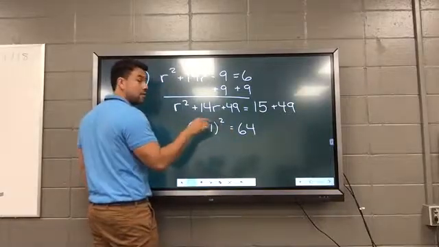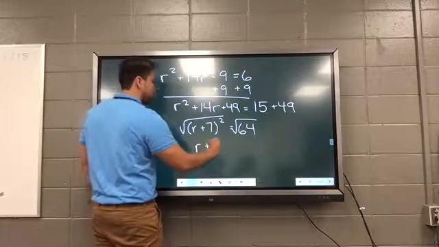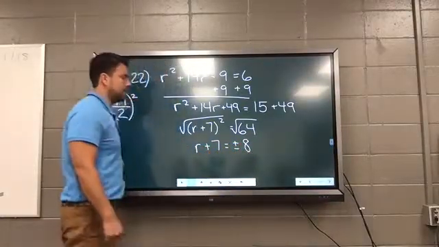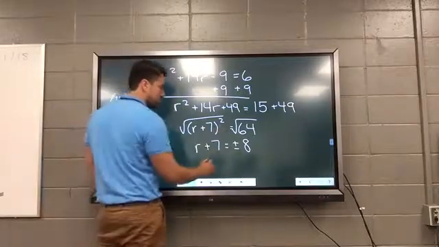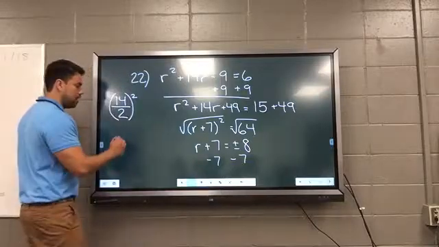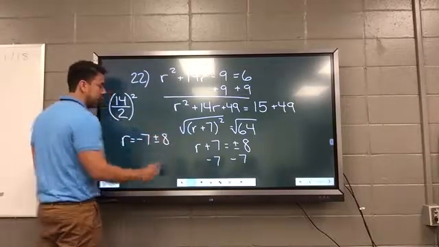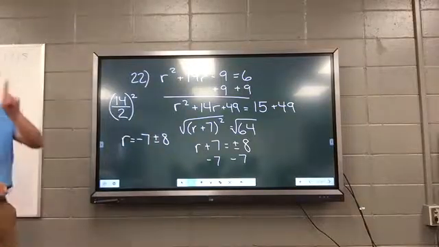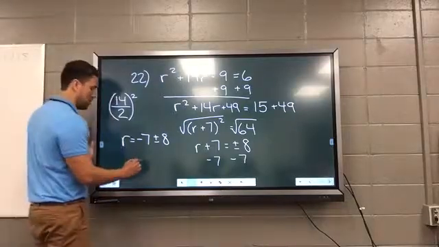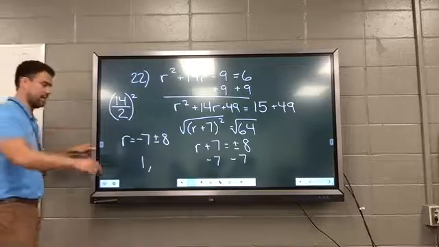What do I do to both sides? We're going to finish this, then I'll let you go. Square root it. r plus 7 equals plus or minus 8, because you got two answers. You subtract 7 from both sides. Last problem, we're almost done. r equals -7 plus or minus 8. So somebody tell me your first answer, -7 plus 8. Josh? 1. Second answer, Benson, -7 minus 8.